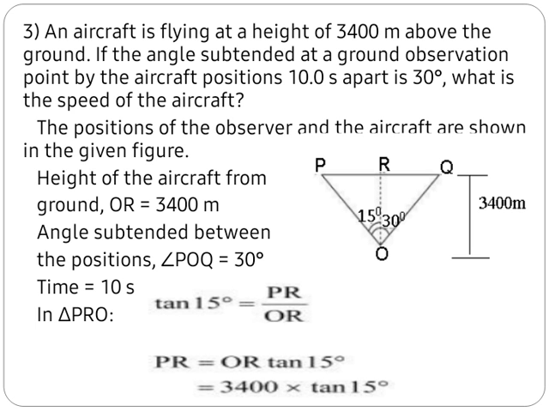You know that tan theta is equal to opposite side divided by adjacent side. Here opposite side is PR and adjacent side is OR. Then PR is equal to OR into tan 15 degree, which is equal to 3400 into tan 15 degree.